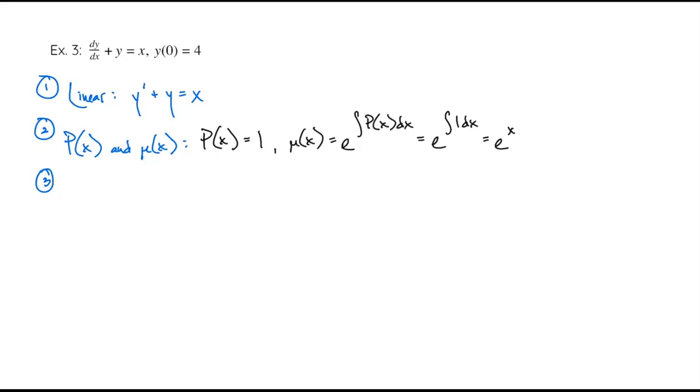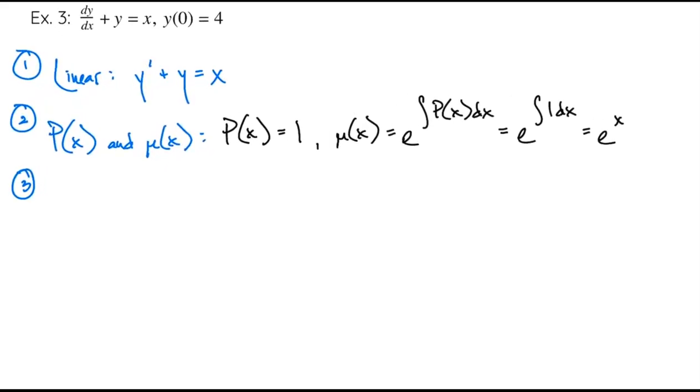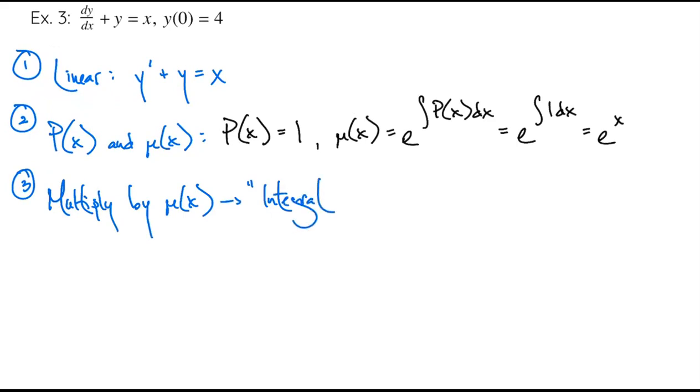But now we're ready to multiply through. We're going to multiply through by that mu. And I believe that sometimes mu is referred to as the integrating factor. So if you see the term integrating factor, they mean mu, okay?